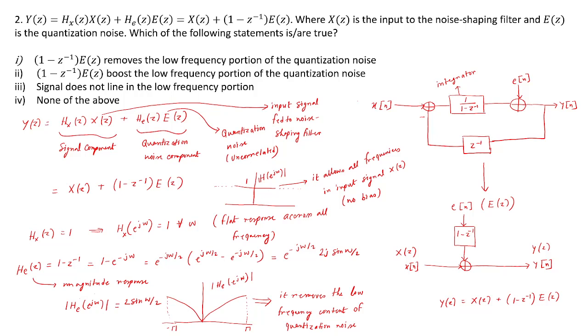And therefore your effective noise at the output, which is He(z) times E(z), you can see that because of the nature of He(z) being of sinusoid nature, it is going to remove the low frequency content of the signal multiplied with it. And what is being multiplied with He(z)? E(z). Therefore, it is going to cut off or filter out the low frequency content of E(z), that is the quantization noise itself.